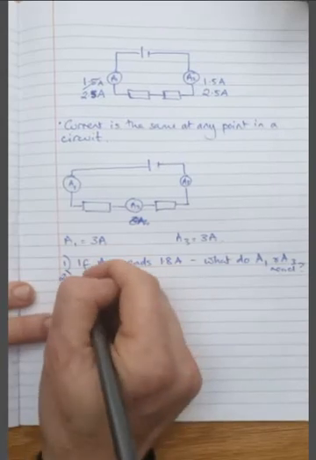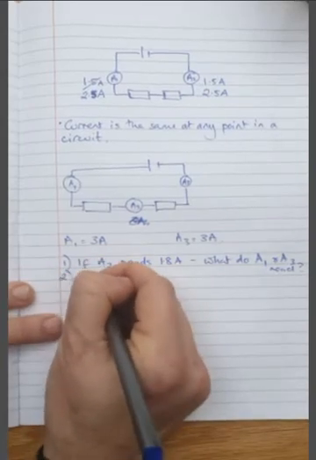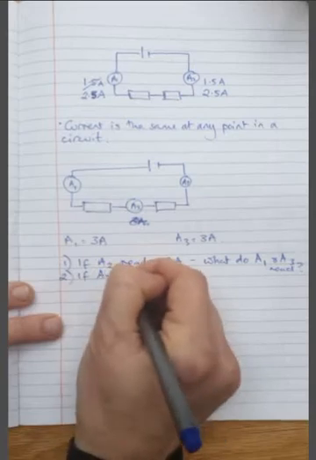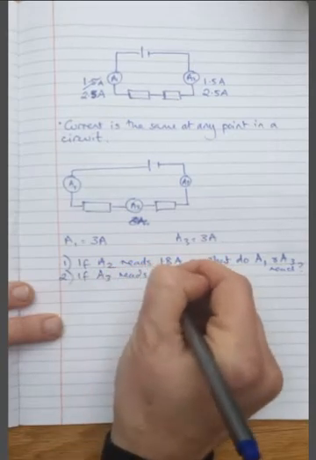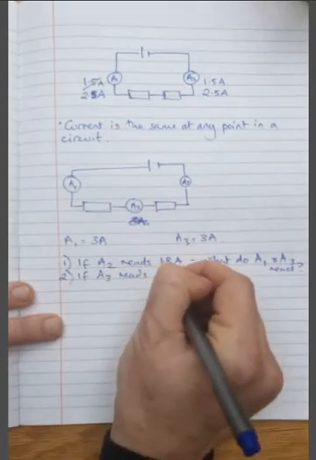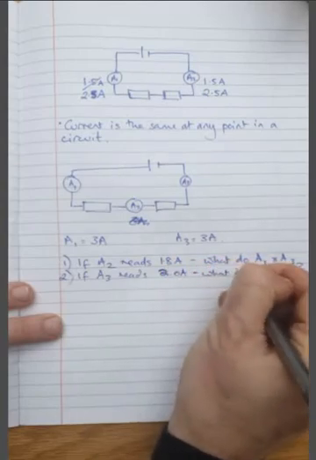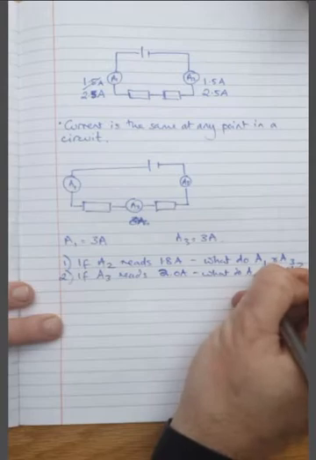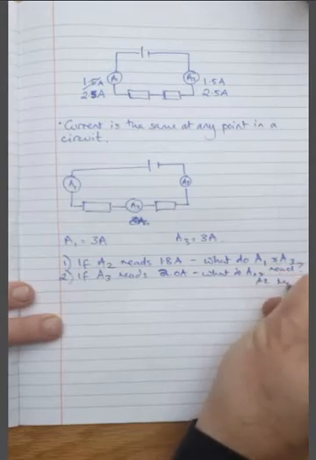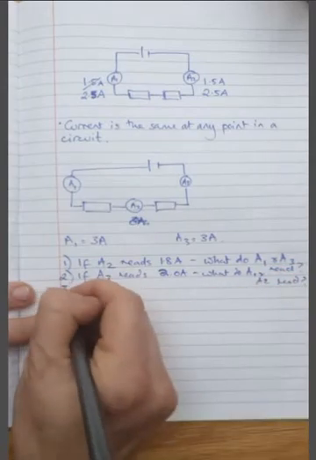Part 2, if ammeter 3 reads 2.0 amps, what do A1 and A2 read?